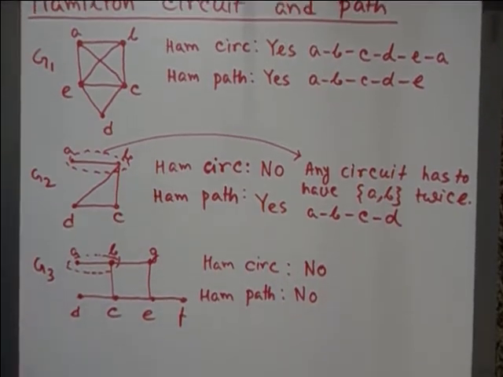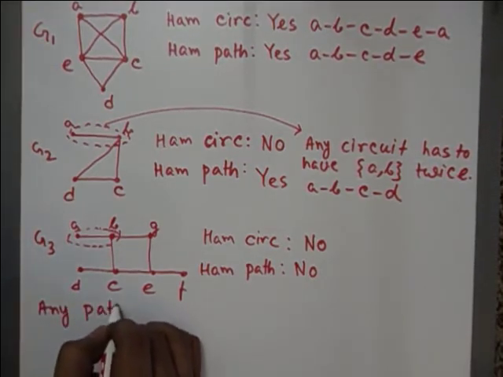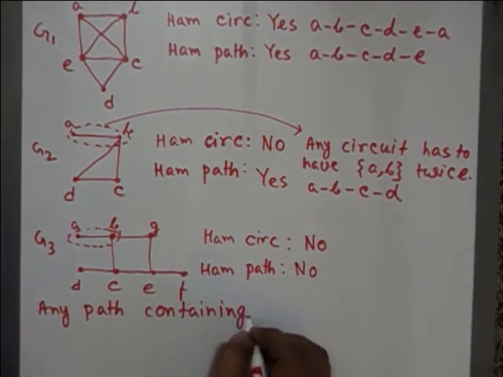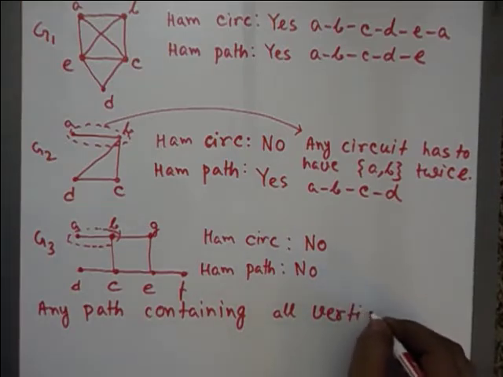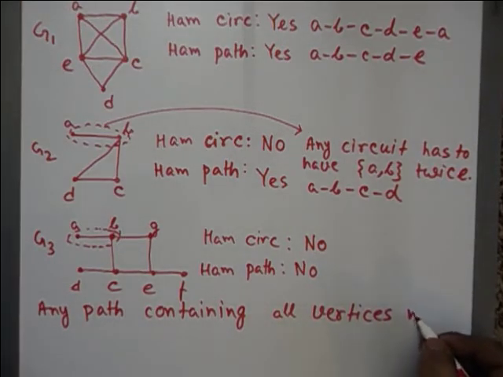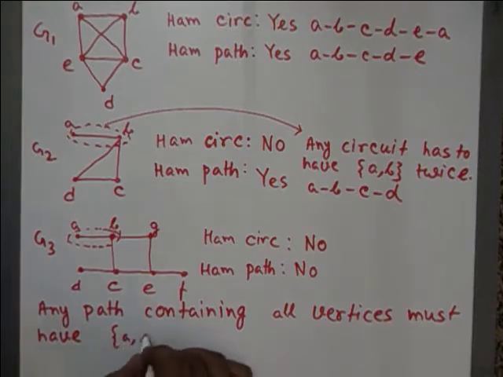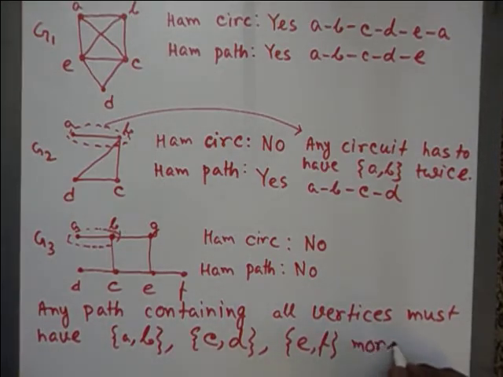Because any path containing all vertices must have the edges A, B, C, D, E, F more than once.